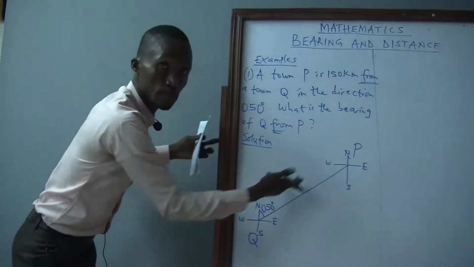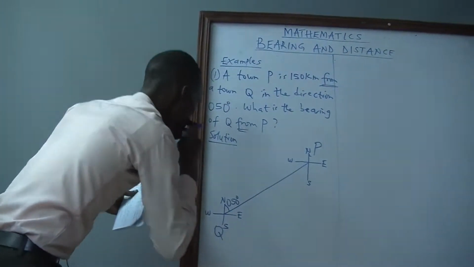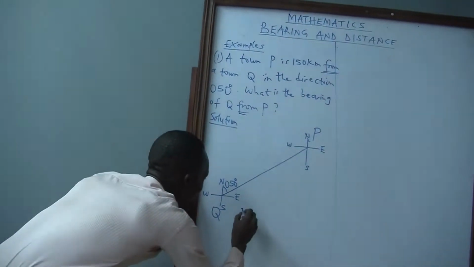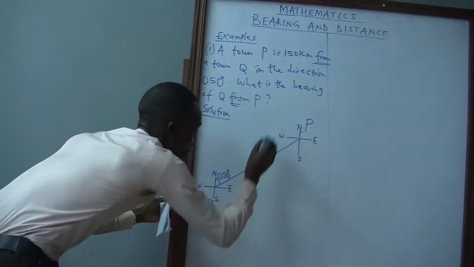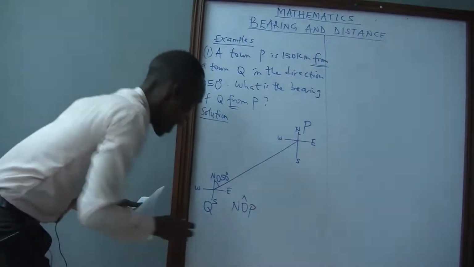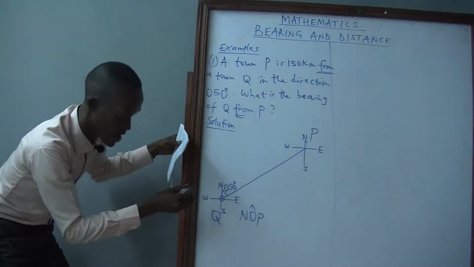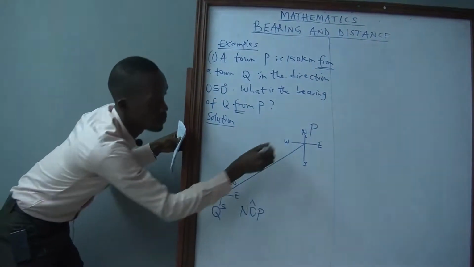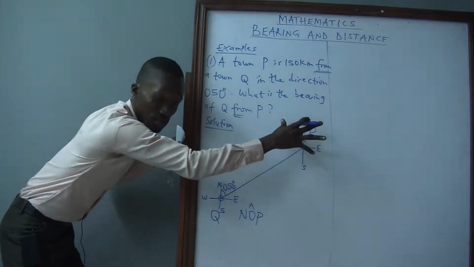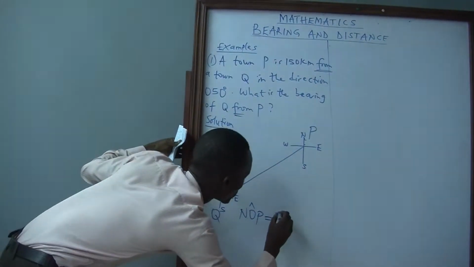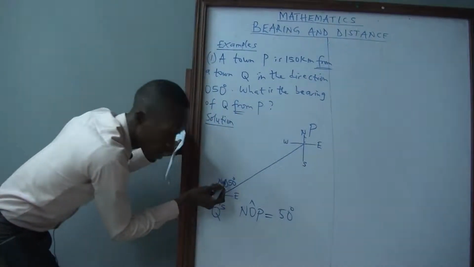So from here, what we have is angle NOP. The O in the middle of NOP is the origin of everything, and this is town P. That's why NOP is equal to 50 degrees.